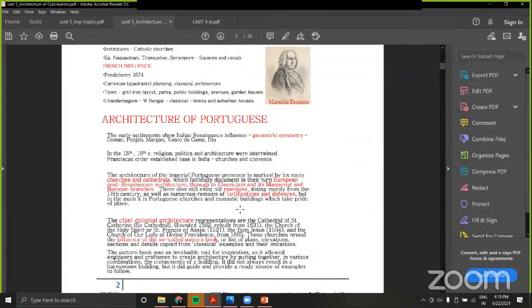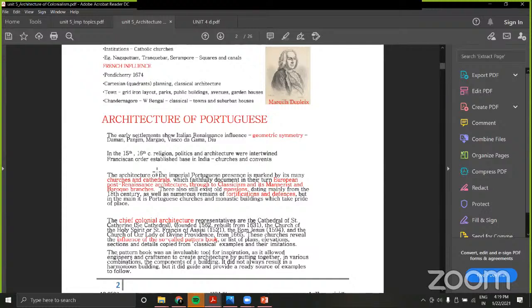So, the architecture of the Portuguese. Early settlements show Italian Renaissance influence and geometric symmetry, at Daman, Panjim, Margao, Vasco da Gama, and Diu. In the 15th and 16th centuries, religion, politics, and architecture were intertwined. The Franciscan order established its base in India, with churches and convents.